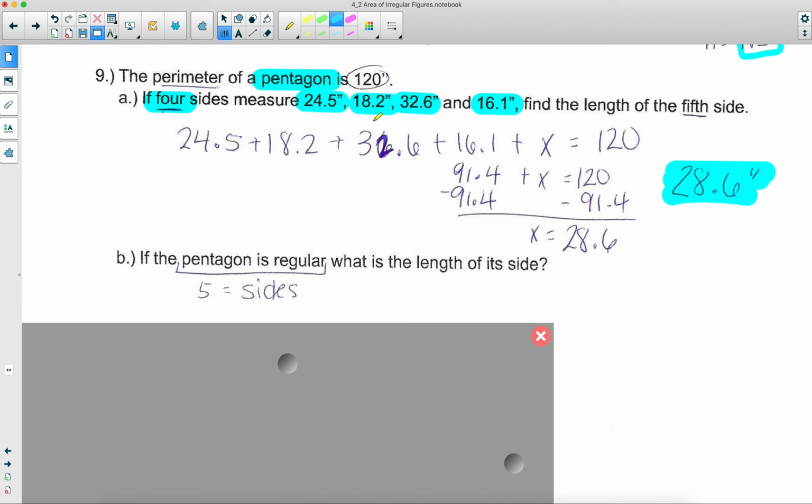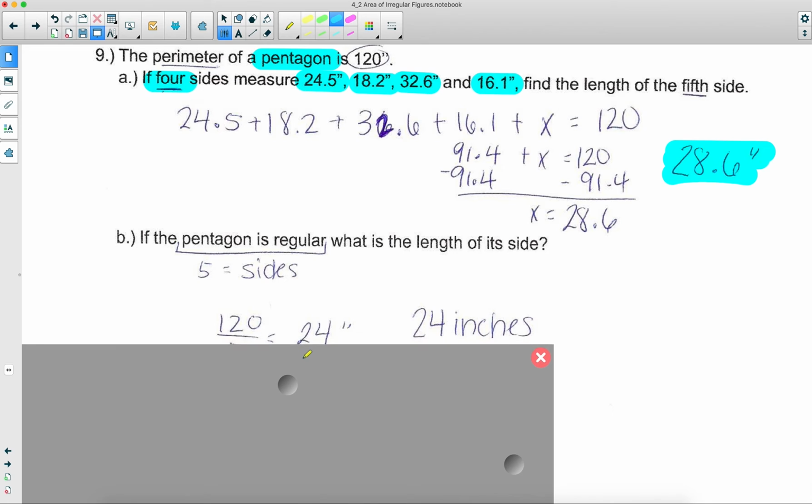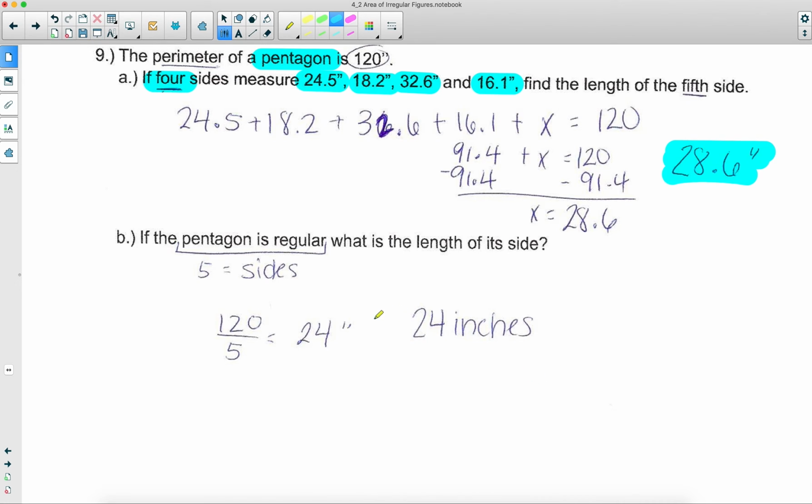The perimeter is 120. What would I do? If you're not quite sure, well, I'd say if my perimeter is 120 and all 5 sides are the same, I would just divide. So one side length is 24 inches. Okay, and that was that one.